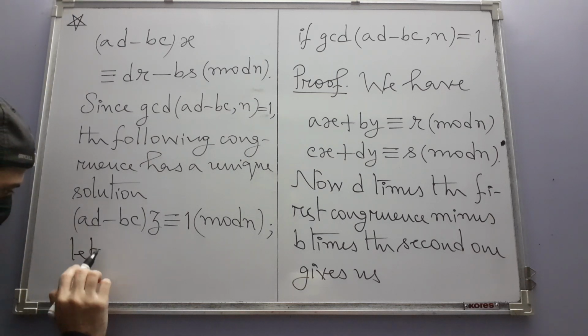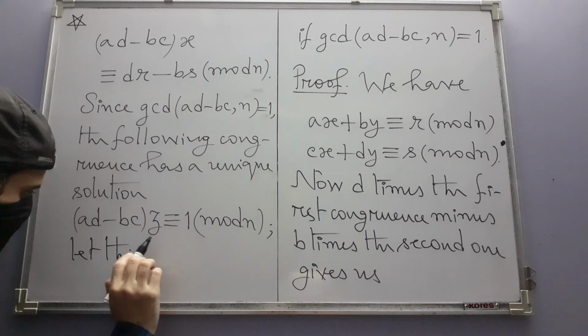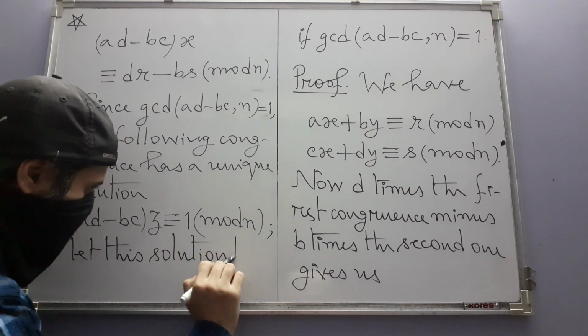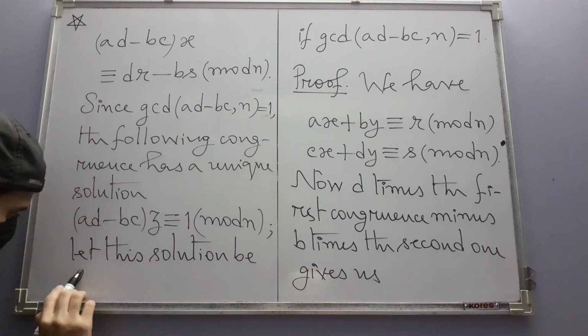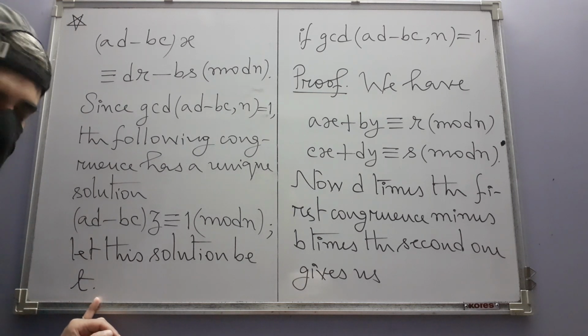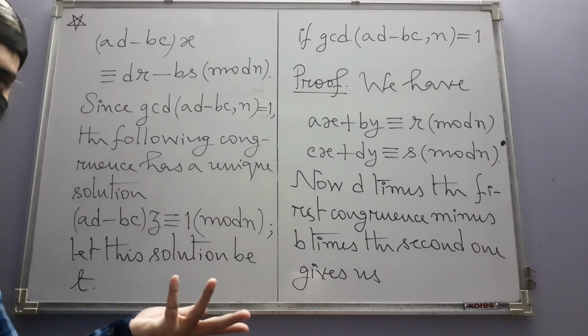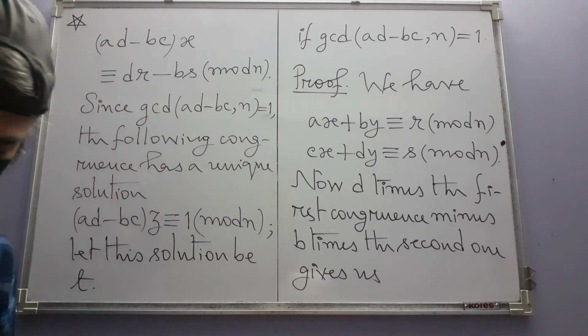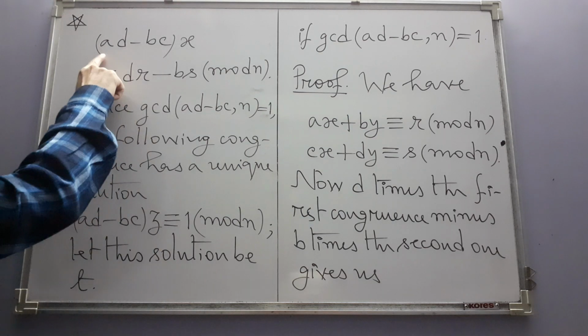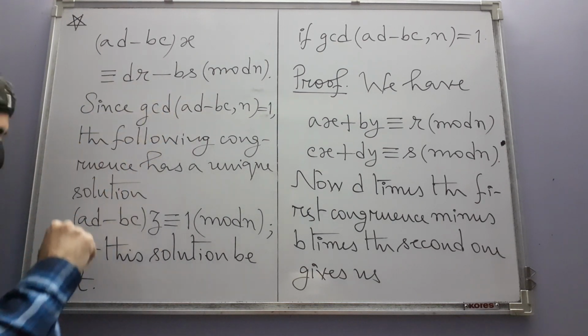Let this solution be, say, some integer t. Actually, there will be infinitely many such integers t modulo n, but you can just take any one of them. Now what we do, we are going to multiply both sides of this congruence by t.